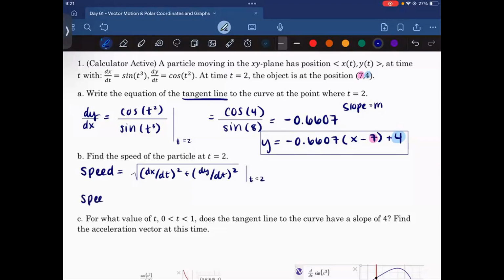So our speed is going to be the square root of sine of 8 squared plus cosine of 4 squared. And if we were to plug that into a calculator, it'd be 1.186. I'm not going to show that because you can believe me.